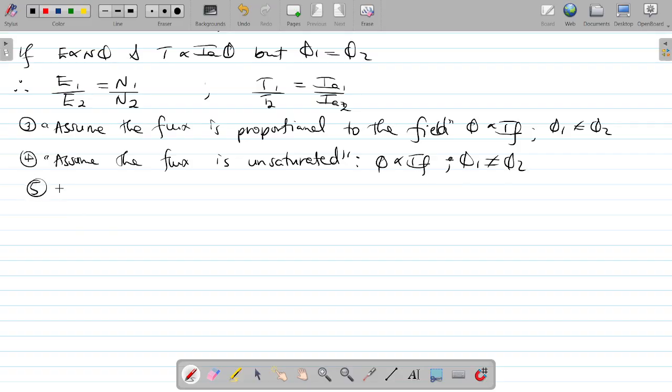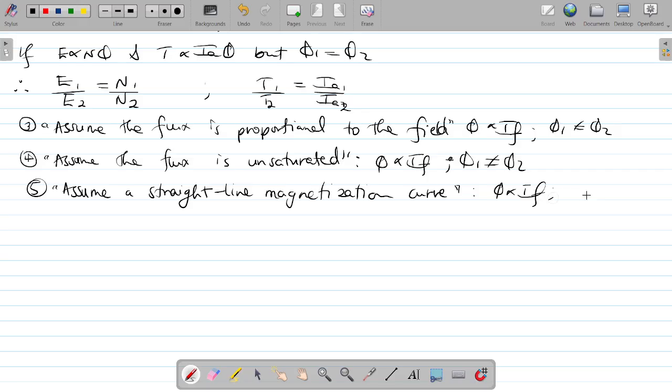Number 5, it will say assume a straight line magnetization curve. Same, flux proportional to the field, flux 1 not the same as flux 2.